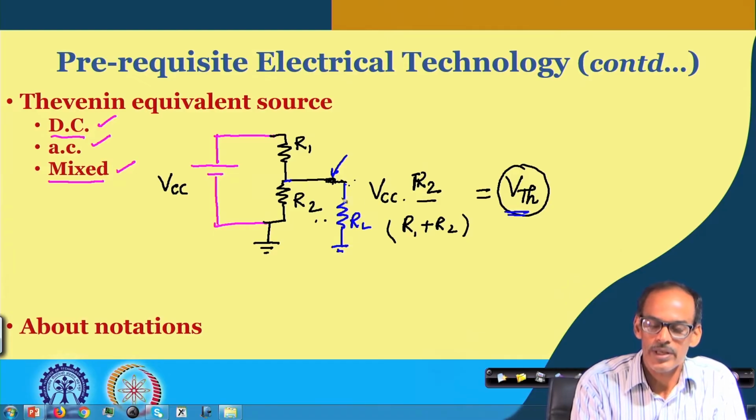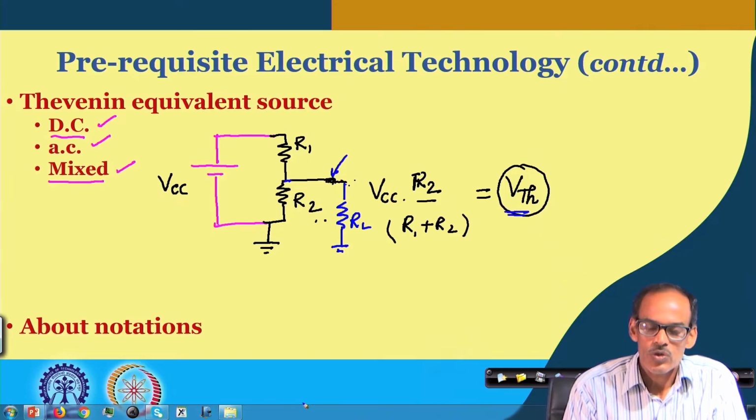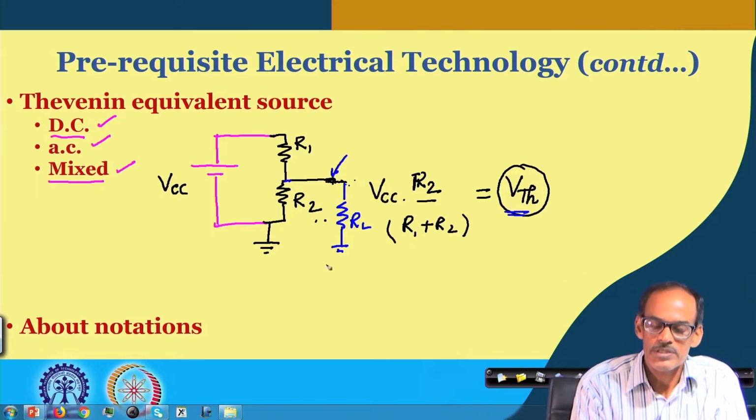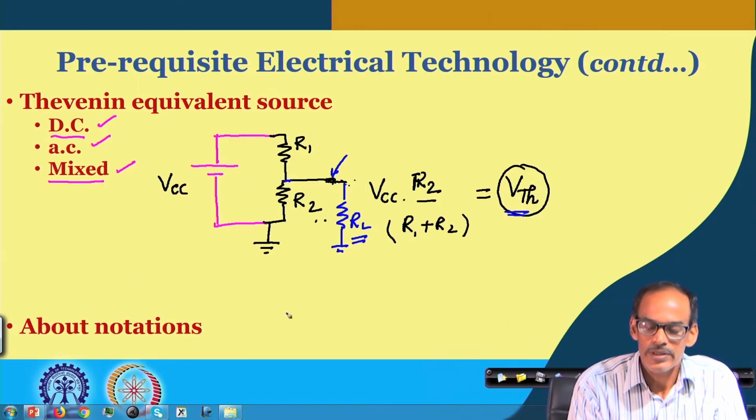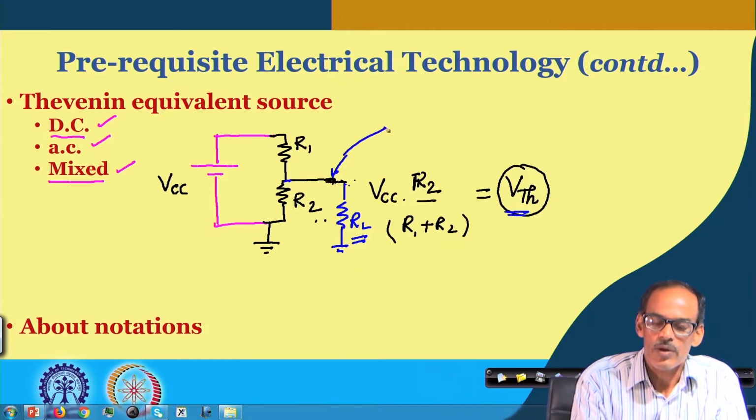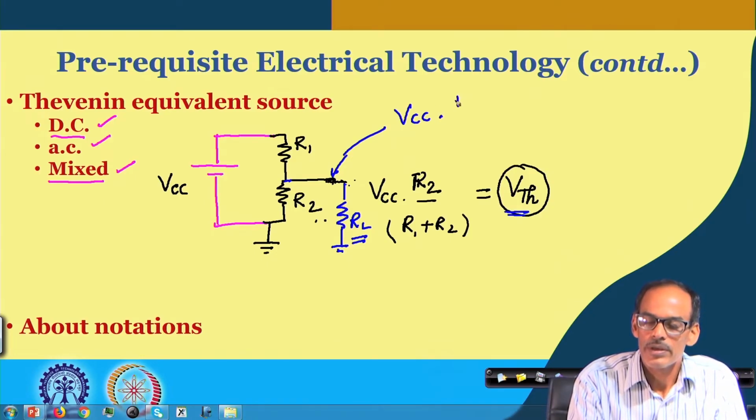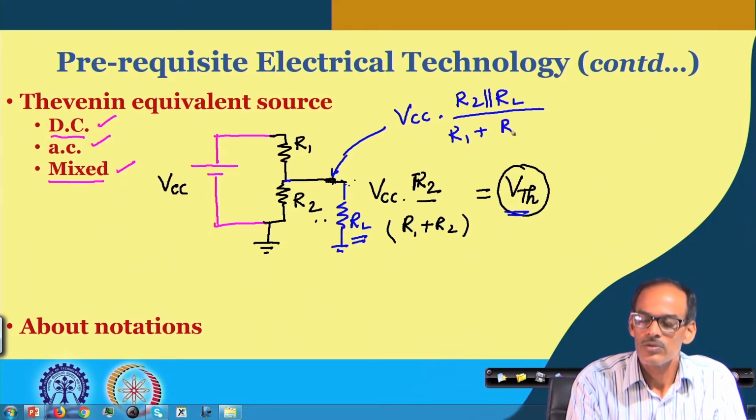So, by connecting this resistor, the voltage here will drop. In case you have a simple circuit like this, after connecting this R L, you can directly analyze the circuit, saying that the voltage now here will be VCC multiplied by R 2 in parallel with the load resistance, divided by R 1 plus R 2 in parallel with R L.